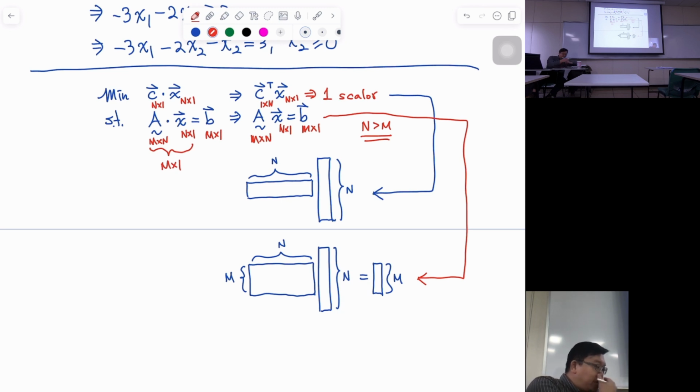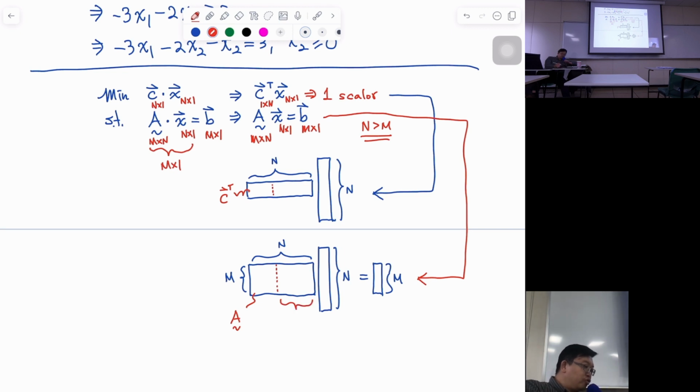So right here we're going to do something. We're going to separate the A matrix into half. Actually, we are going to do the same for the C matrix. So this is my C vector, actually, C transpose. This is my A matrix, right? We're going to separate them into half. The way we separate is gonna be like this, okay?